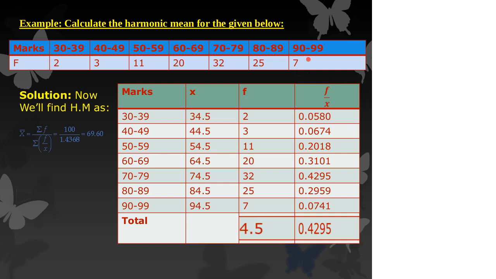But on top here, we were saying summation of FM. So where we had the table, where we had midpoint times F, we had 69, 133.5, 599.5, 1290, 2384, 2112.5, and then 661.5.